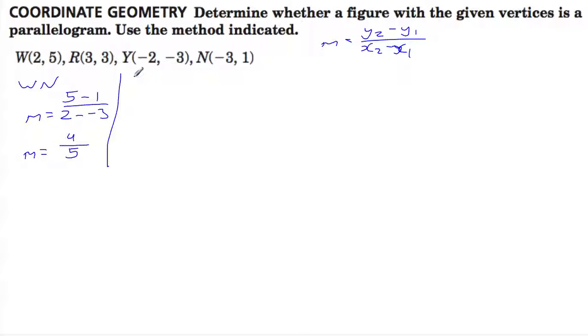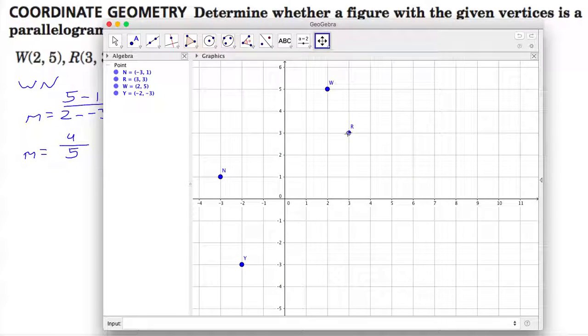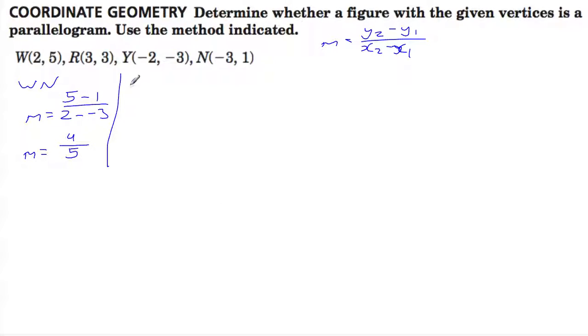If this is a parallelogram, that means that RY is also going to be parallel. It's also going to have a slope of 4/5. So RY, that's going to have a slope. I think I need a new trackpad here. This is struggling here. All right, RY is going to be a change in the y's.